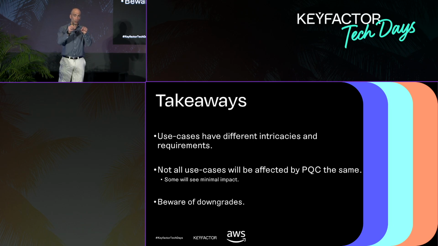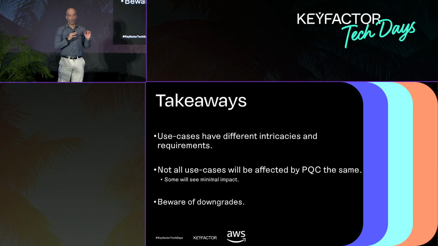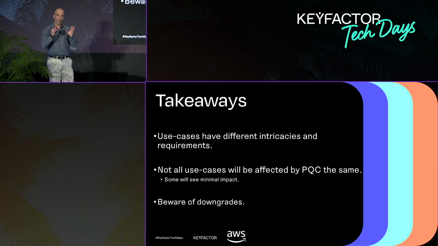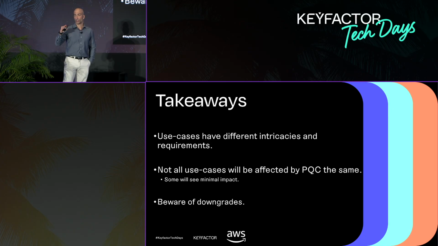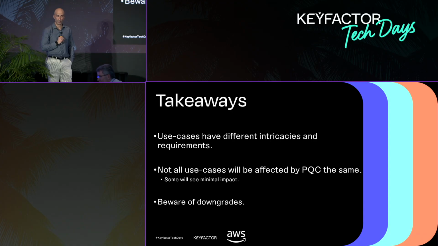The web use case on its own is very intricate and very interesting. It doesn't look like it'll suffer as much as we intuitively would think. And finally, we should pay attention to downgrades in all of our applications, because as we're migrating, we don't want to allow adversaries to bring us back to classical and deploy these types of downgrades. So downgrades are important for our use cases.